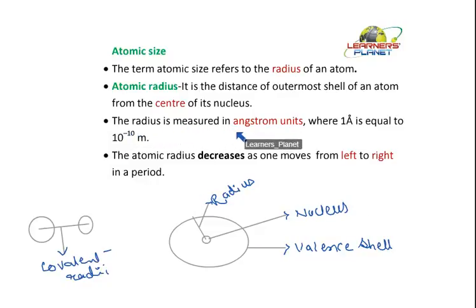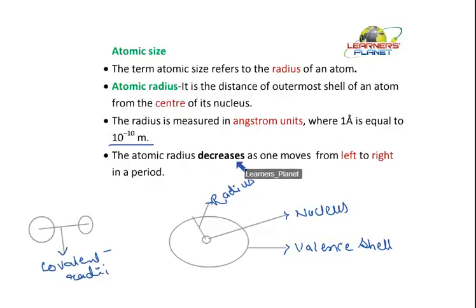The radius is measured in angstrom units, where 1 angstrom is equal to 10 to the power minus 10 meters. Remember this conversion, you'll require it every time you work on the structure of the atom.